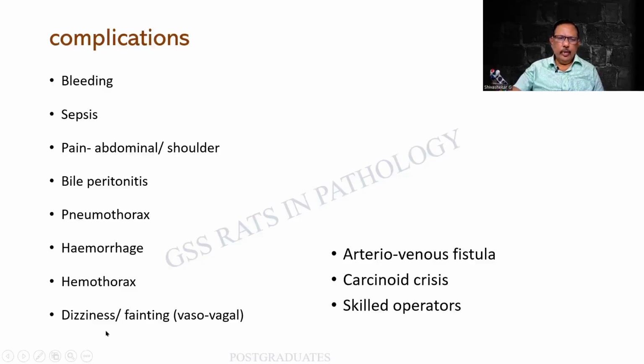Hemorrhage, hemothorax. Dizziness, the vasovagal attack. This can be more common when the jugular route is being tried. So this can be arteriovenous fistula, carcinoid crisis. Release of some of the elements can lead to this. Therefore, you will be finding that skilled operators under precautions and supervision are needed.